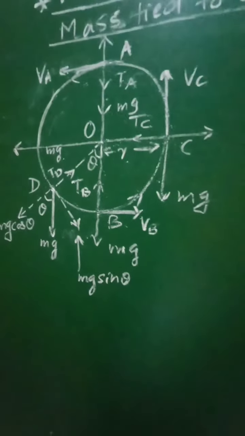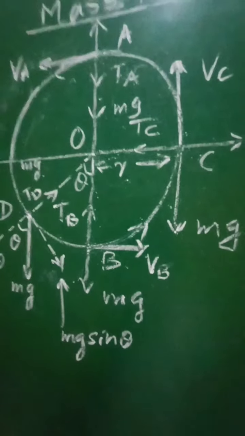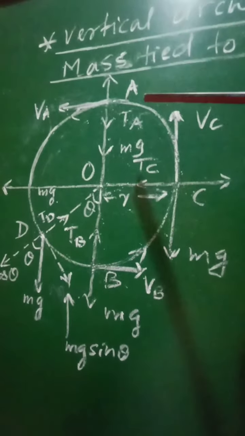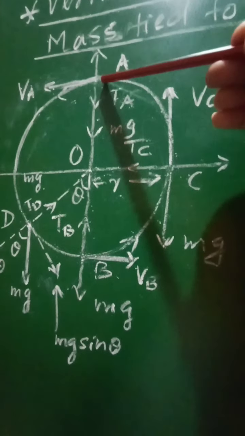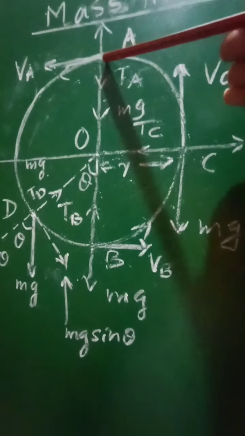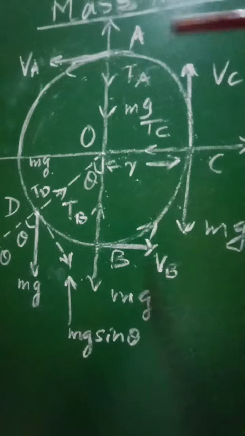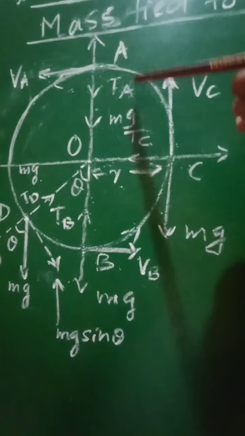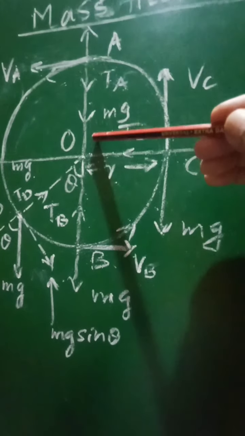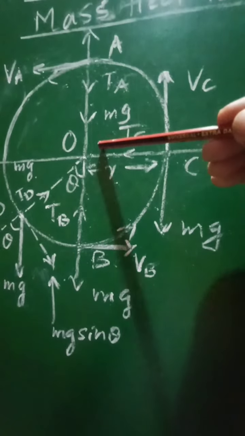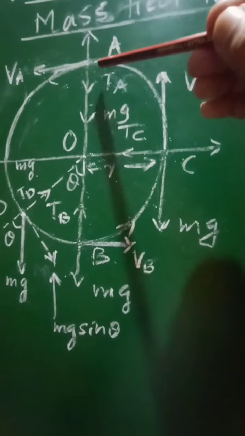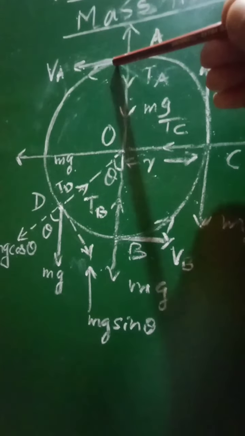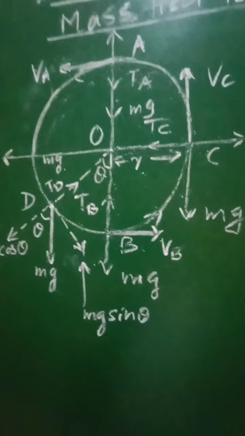And now when this bob is revolved in vertical circle, at that time when it is at point A, that is at the uppermost point or topmost point, it will be acted upon by two forces, mg and TA. Both will be directed towards the center of the circle O when it is at point A. At the same time, the velocity of that bob will be VA.